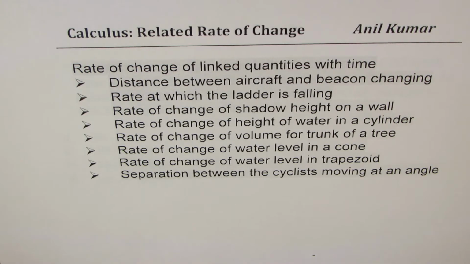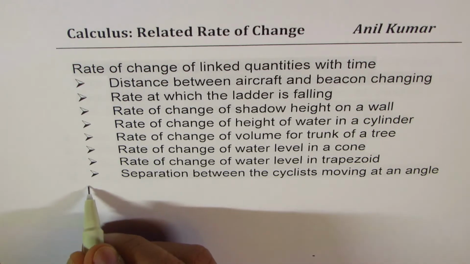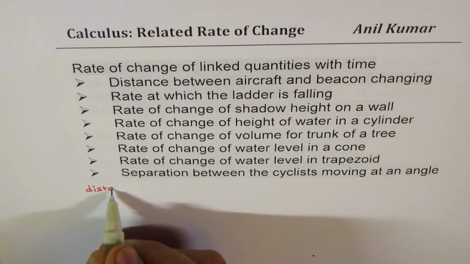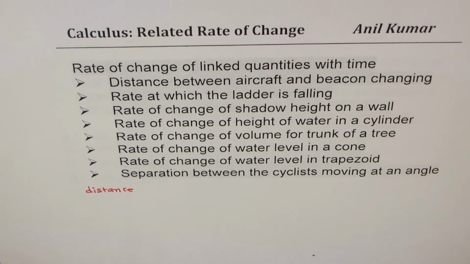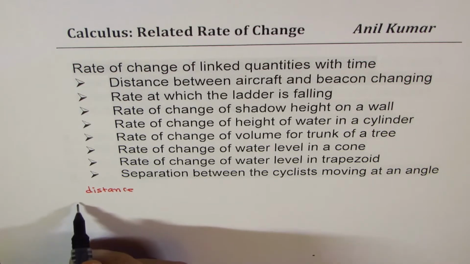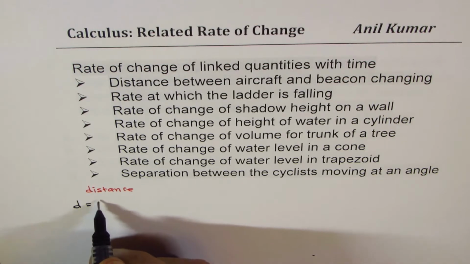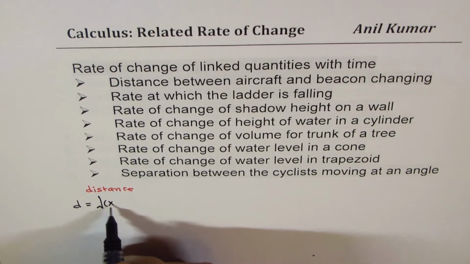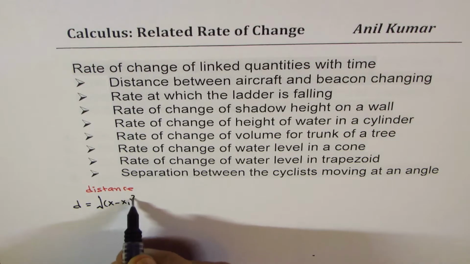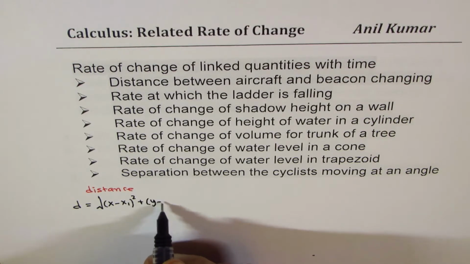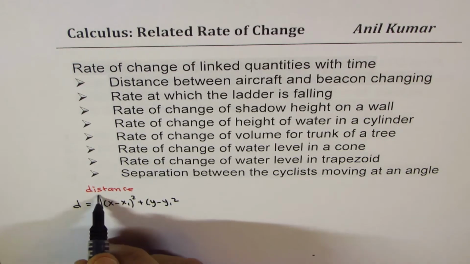You may require a few formulas to solve these questions. One is the distance formula. Let me write that down. Distance formula d will be given as square root of (x minus x1) whole square plus (y minus y1) whole square.